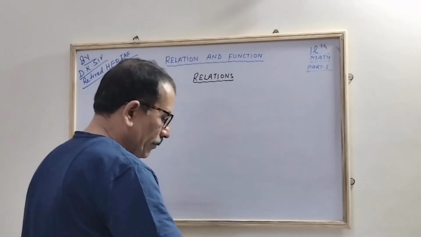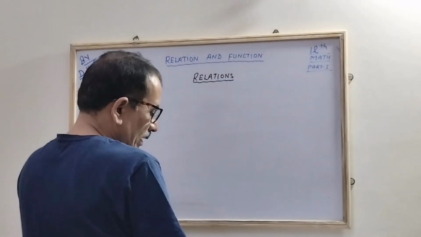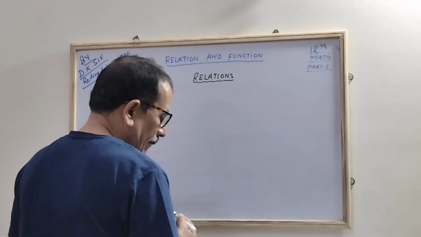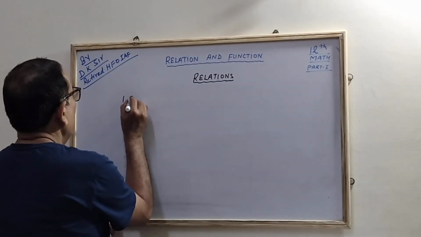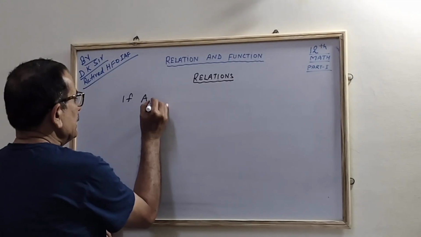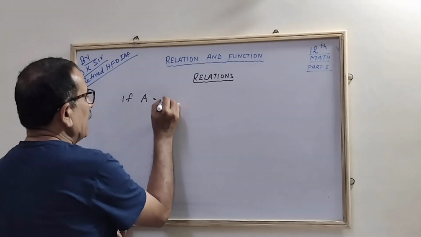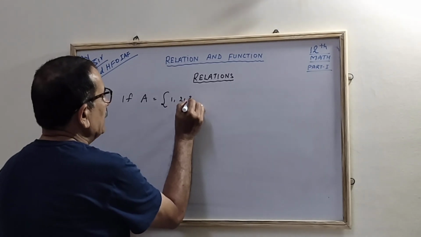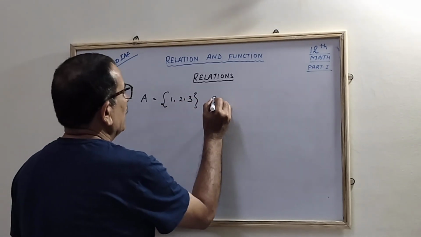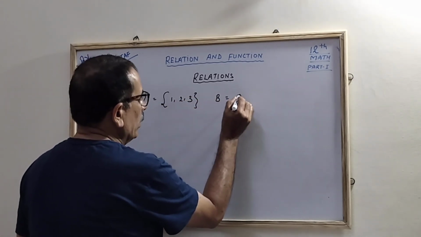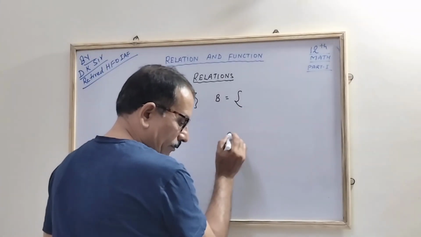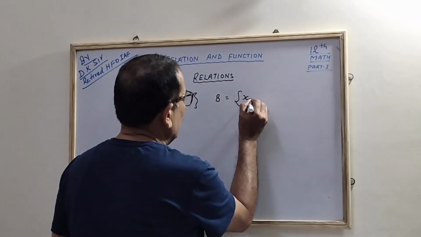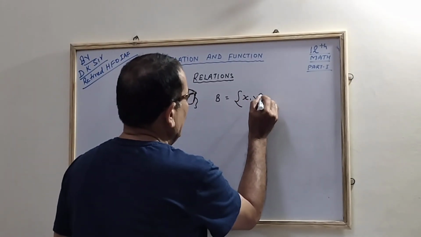Suppose we have two sets. Set A has the elements 1, 2 and 3, and set B has the elements x and y.